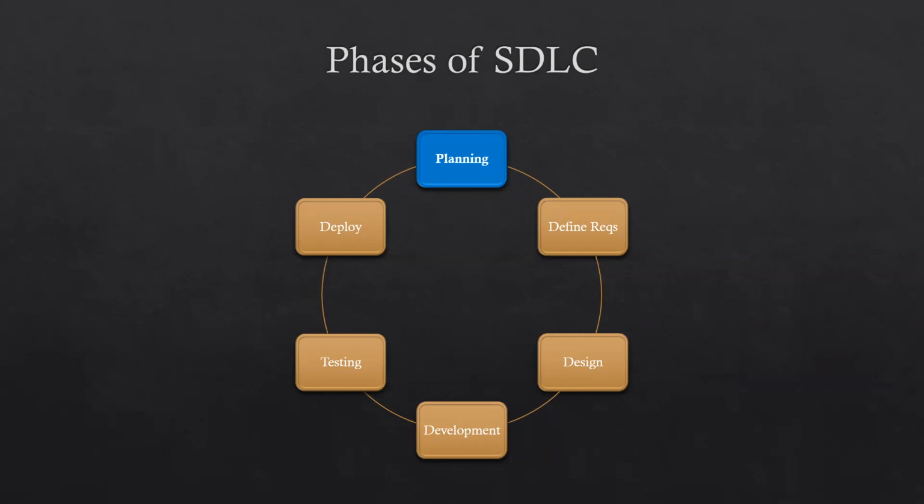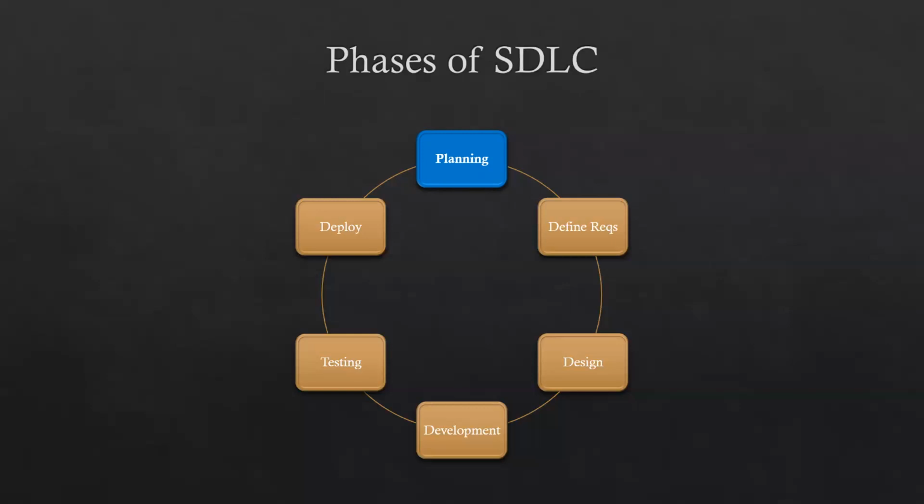We also create a detailed project plan with a specific timeline with the deadline, and also do a rough calculation of the labor cost and the materials that we will be using to complete this project.